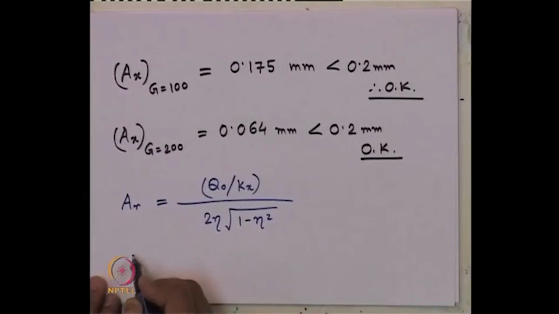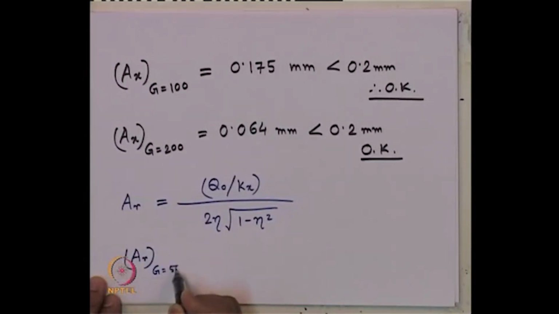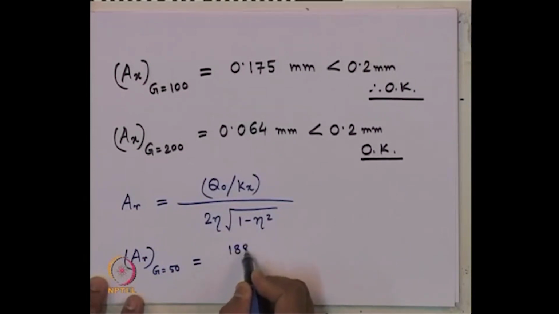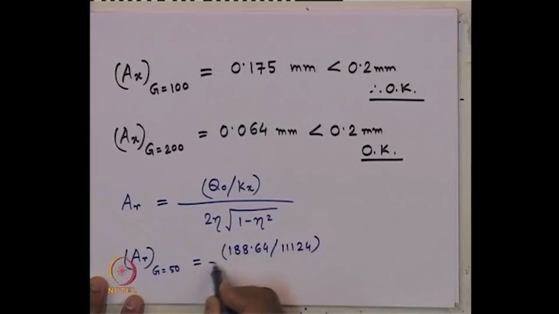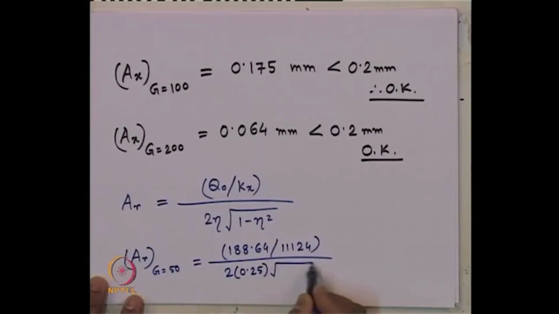Therefore, AR for G equals 50 TSF will be, Q naught is 188.64, Kx is 11124, 2 eta is 0.25, 1 minus eta square 0.25 square.